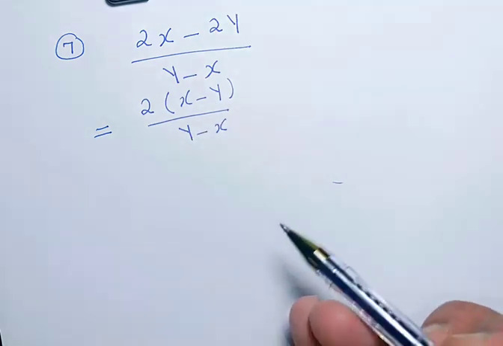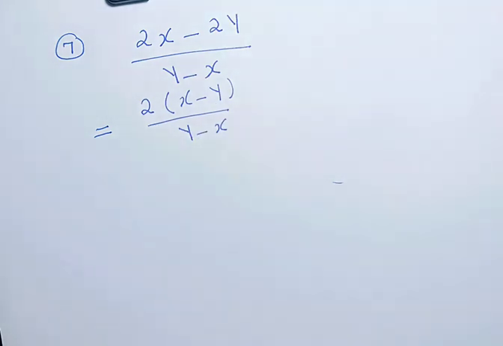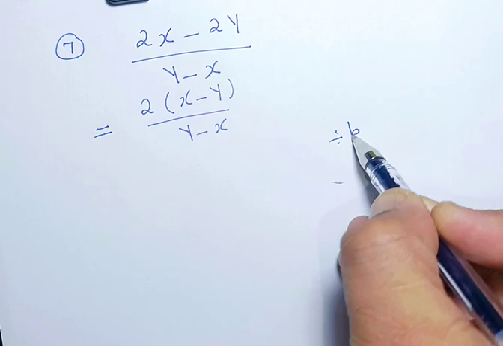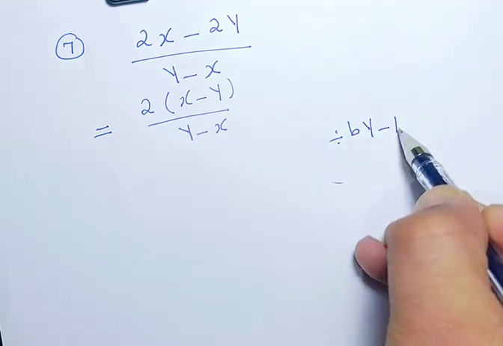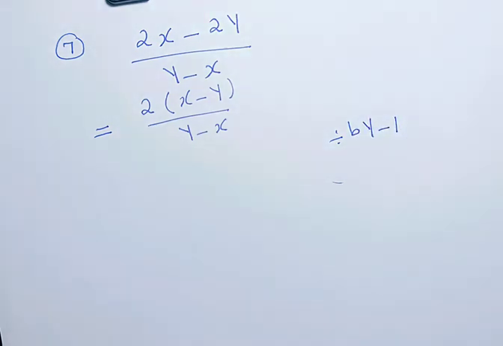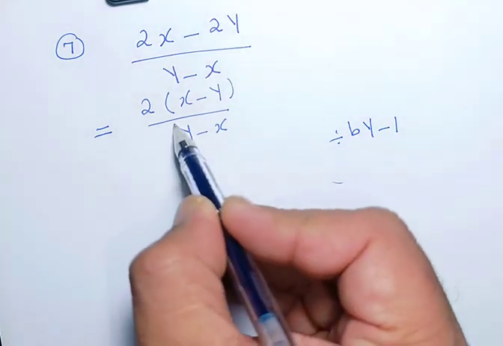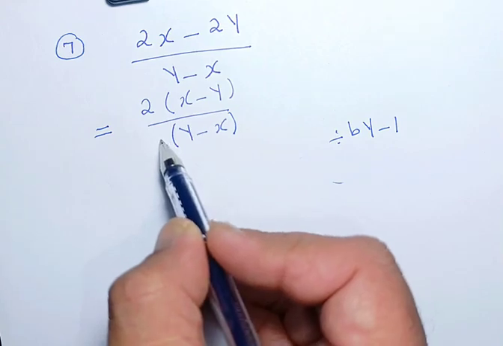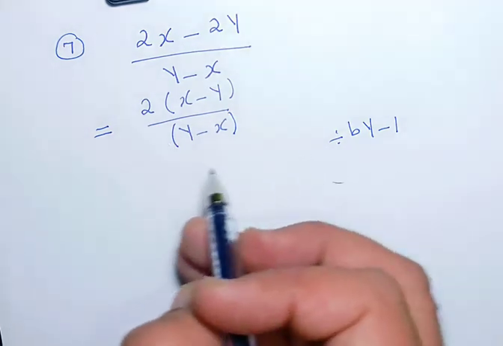So now I have to apply the sign change rule. So we must divide by negative 1. Remember this is a whole term, so outside is a positive, coefficient is 1. So divide by negative 1.